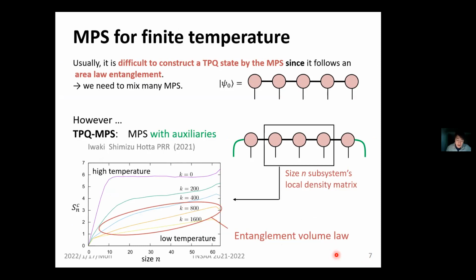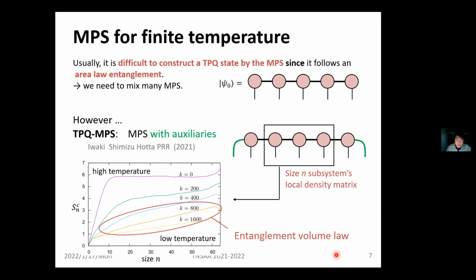However, since MPS is known to have area law entanglement, it cannot reproduce the volume law of the typical state. Therefore, it is quite natural that we need to mix many MPS to obtain the thermal state.